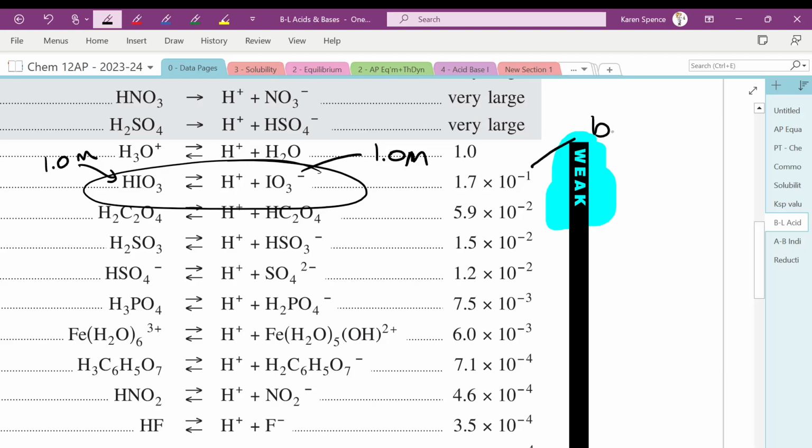So we would be buffering at a concentration of hydrogen equal to, guess what?